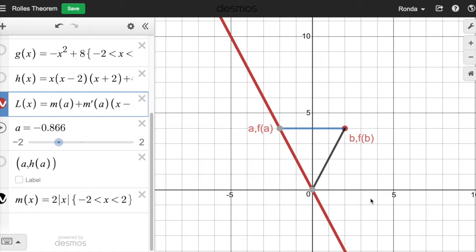It has to be continuous on the closed interval, meaning it has to be continuous at A and B included, right? But it has to be differentiable on the open interval. So if it's not differentiable at one of these endpoints, that doesn't matter as long as it's differentiable everywhere in between the points. Okay, so let's do some examples on paper.